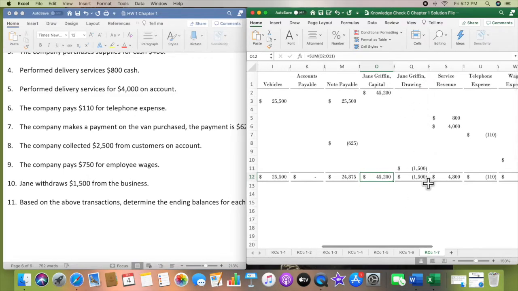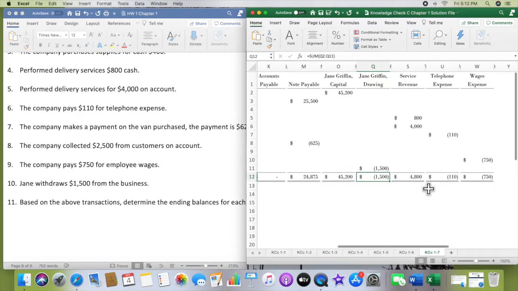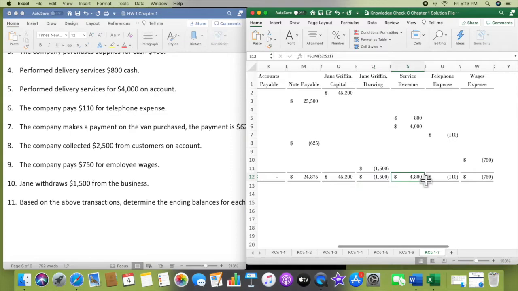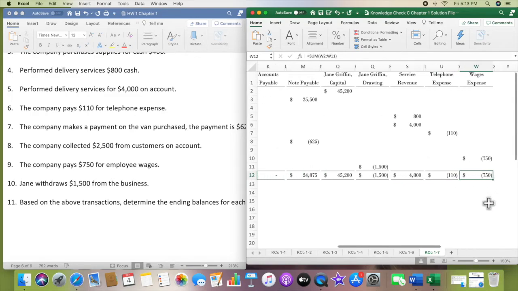Our Jane Griffin drawing account is a negative $1,500. Our service revenue account is up to $4,800. Our telephone expense is at $110. And our wages expense is at $750.